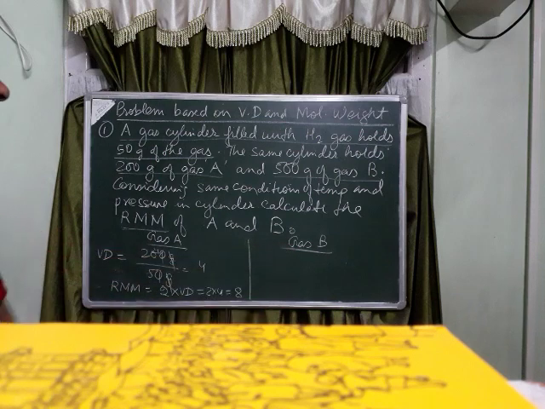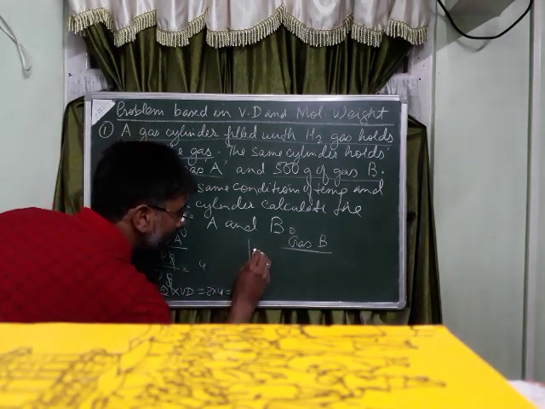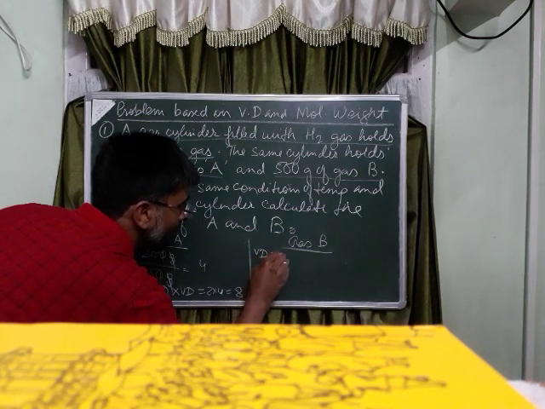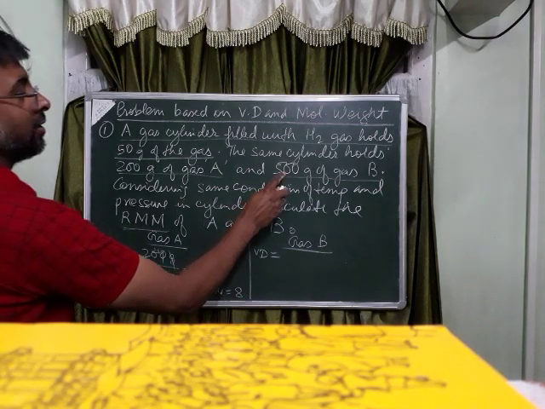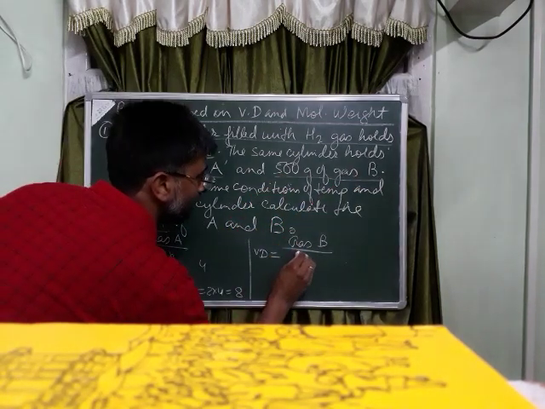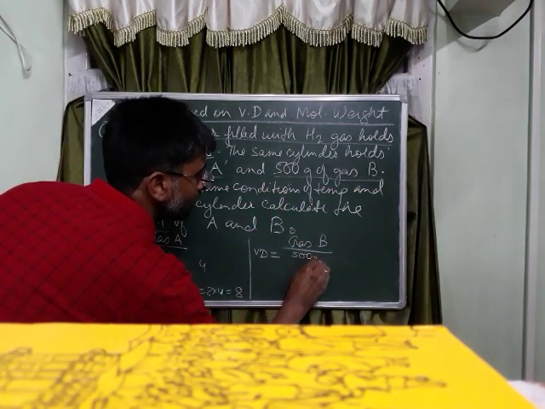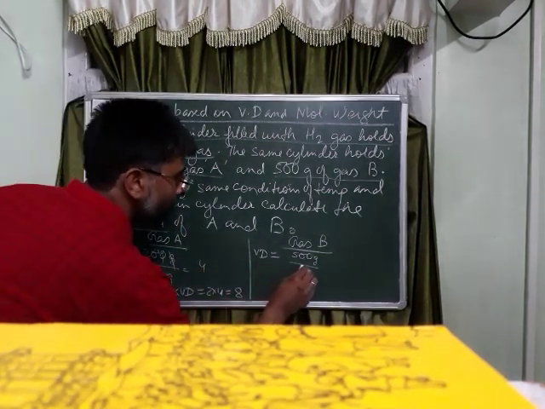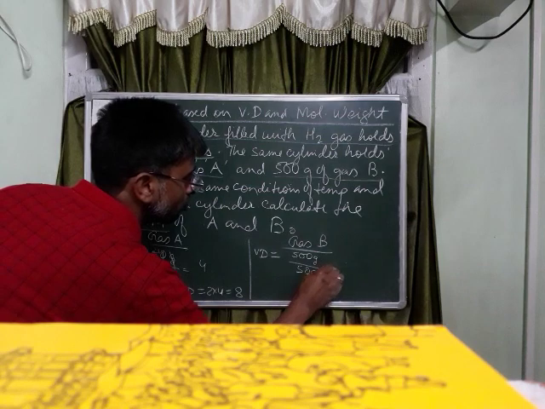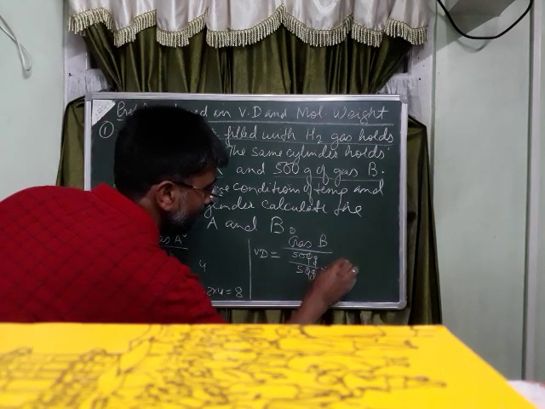Now let us find the RMM for gas B also. To find RMM, first we will find the vapor density. The vapor density of gas B is obtained by dividing the mass of gas B in the cylinder, 500 grams, by the mass of an equal volume of hydrogen, 50 grams. That comes to 10.